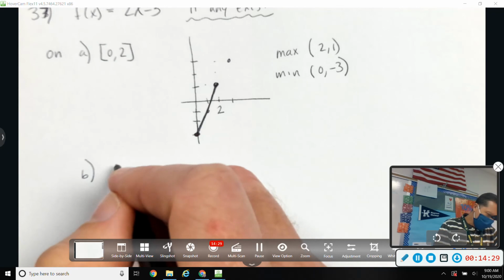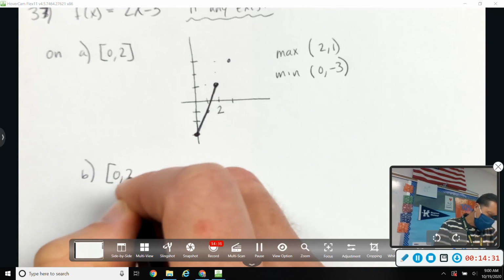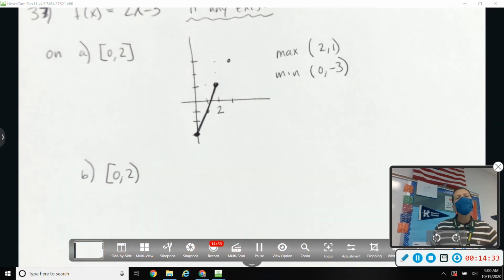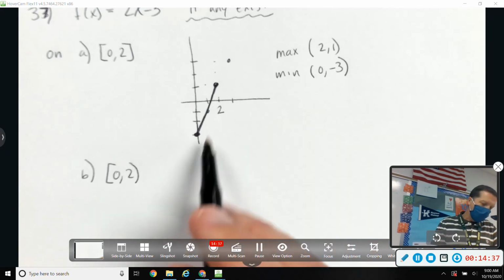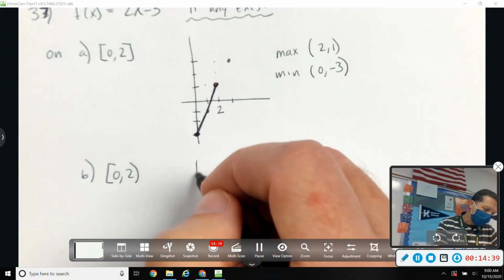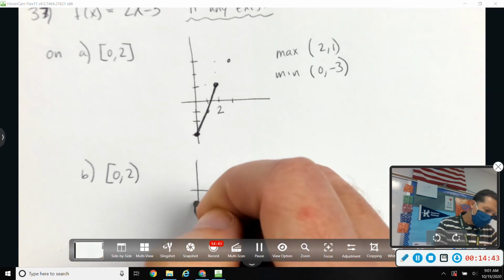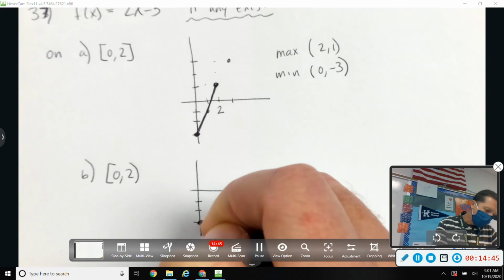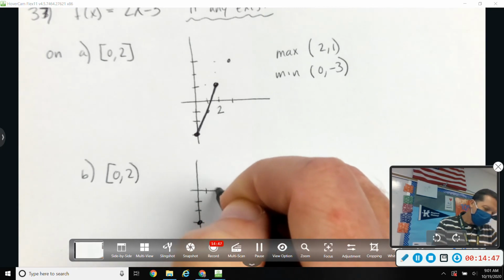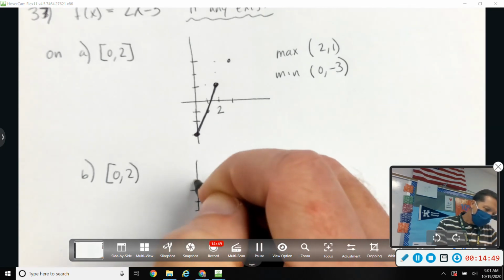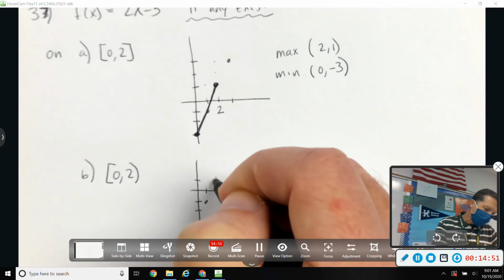Part B, though, we want to look from 0 to 2, but at 2, we don't want to include 2. So at 2, we've got an open circle. I guess if I was doing this in pencil, I could tweak my graph easily. So closed circle at 0. At (2, 1), it's an open circle.